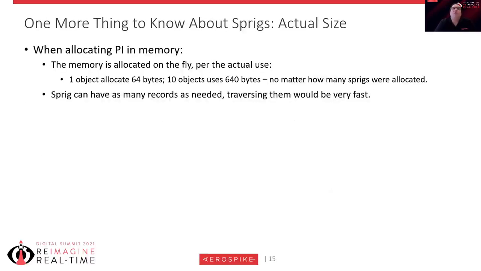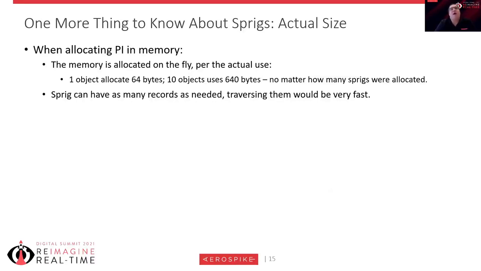One more thing to know about sprigs is that the actual size of the data wouldn't be reflected by the physical space that we see in our monitoring tools. For example, because we are allocating the primary index differently, more lazily, it would look a bit weird.